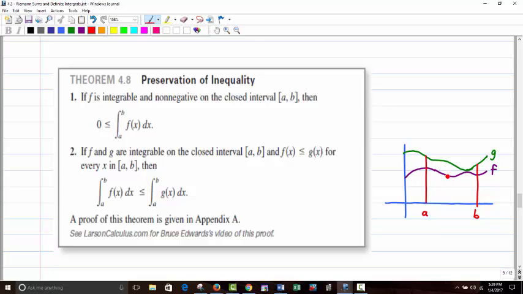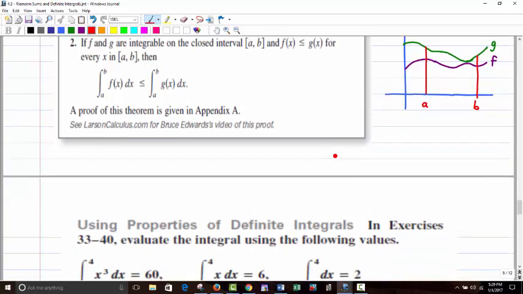So if g is above f, that means the definite integral from a to b of f of x dx would be less than or equal to, and the only way it's going to be equal is if f and g are the same function, the definite integral from a to b of g of x dx. I just drew a picture there, let them touch once. But I think that makes a lot of sense because if you shaded all the way up to g, you can see there's more area than if you shaded up to f. So therefore, if there's more area, then the definite integral would certainly be larger. All right, that's not too critical.